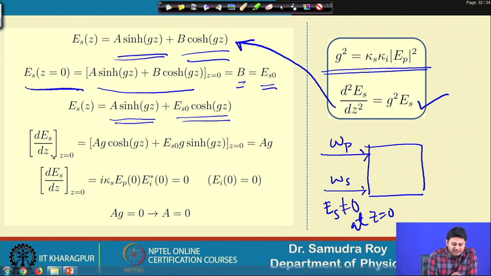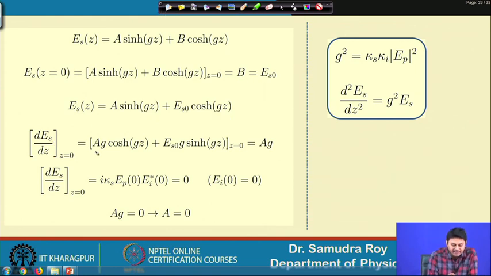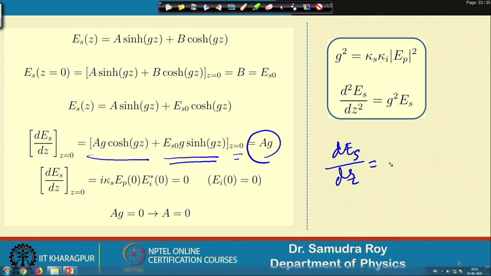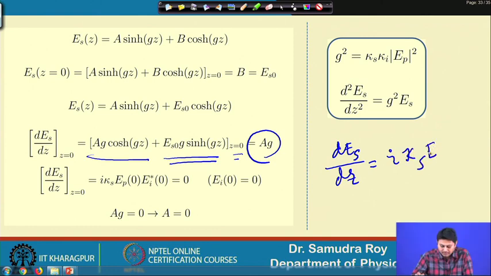When we make the derivative dEs/dz, we will have A G cosh of Gz, and the derivative of the other quantity is Es0 G sinh of Gz. Sinh becomes cosh, cosh becomes sinh, and when I put z equal to 0, the entire quantity becomes A G. Now, dEs/dz, in the previous slide, how much is this quantity? This quantity is i kappa s Ep Ei star.